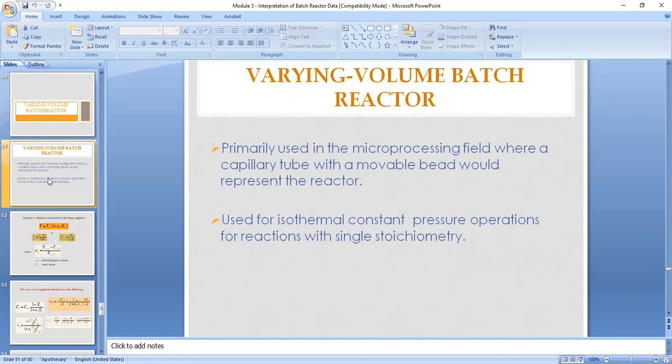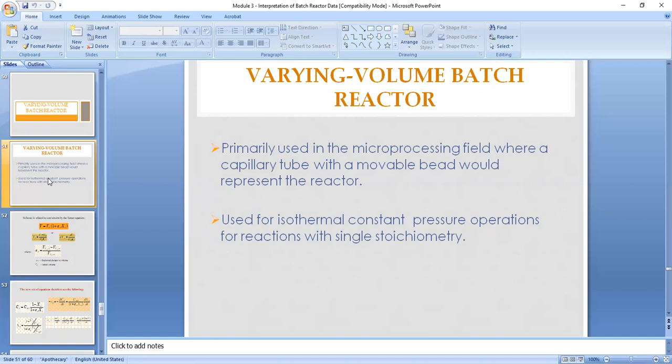Now, the treatment of varying volume batch reactor data is also used for isothermal constant pressure operations. Again, it has to be isothermal, meaning constant temperature, because our rate constant will vary if temperature is changed, and constant pressure operations. So both the temperature and the pressure are kept constant.